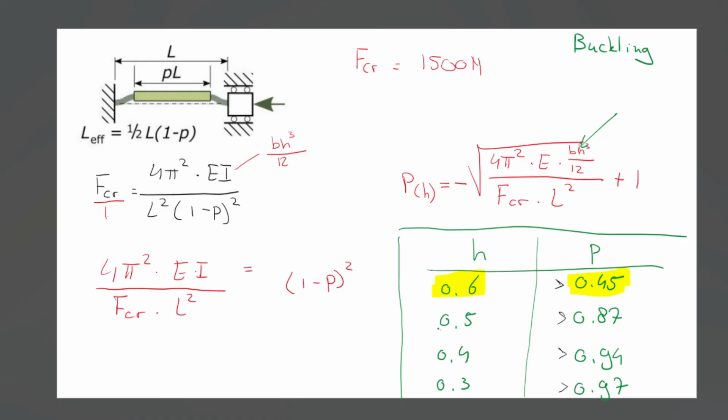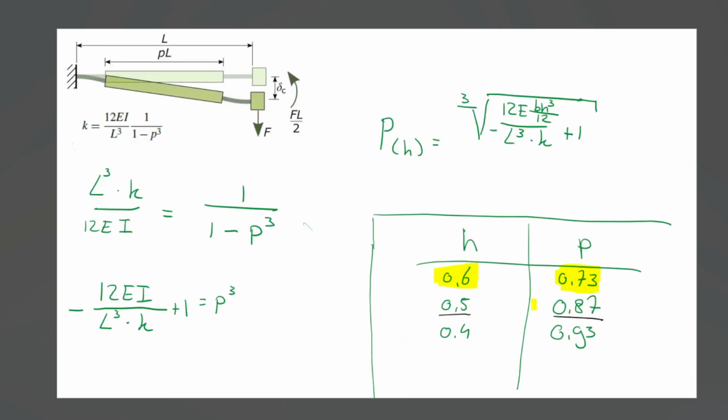So the 0.5 would also be okay as long as we have 0.87 for the p-value, that will also do, but it is very much on the edge. So it will be on the edge of buckling, and it's also on the edge of the force. So this one I wouldn't recommend.